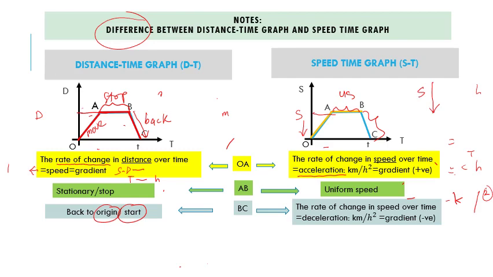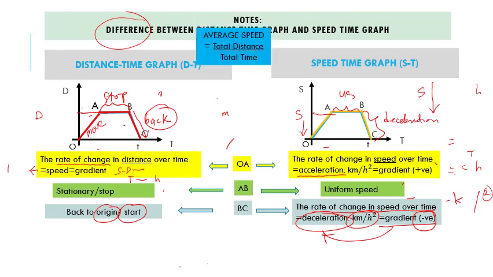So you call that the rate of change in speed over time, but the term is decelerates. Deceleration, speed going down. And the unit is still the same, but when you find the gradient to get the acceleration, you'll get a negative value. Okay. So this one is actually deceleration.